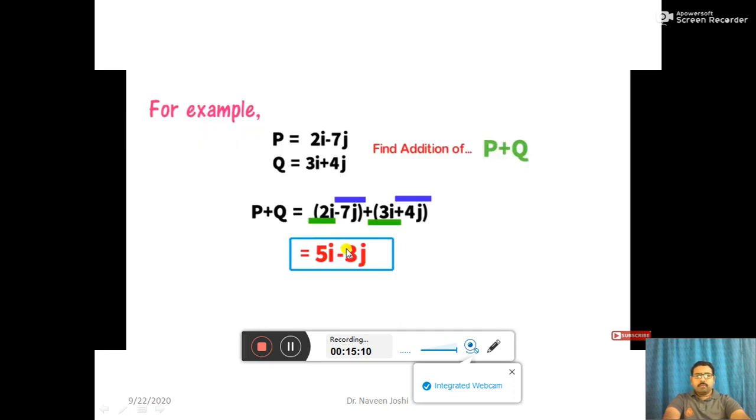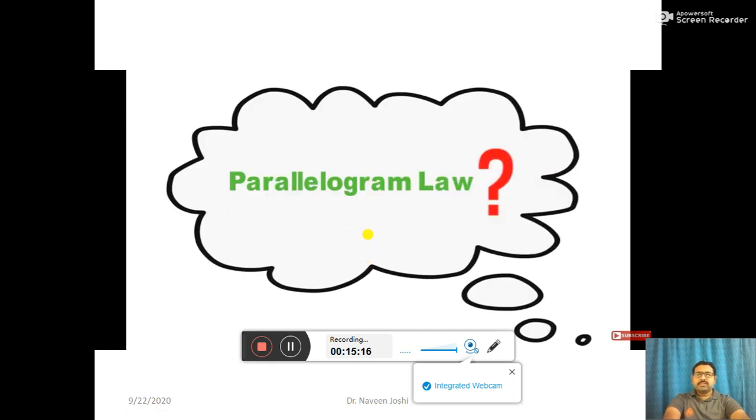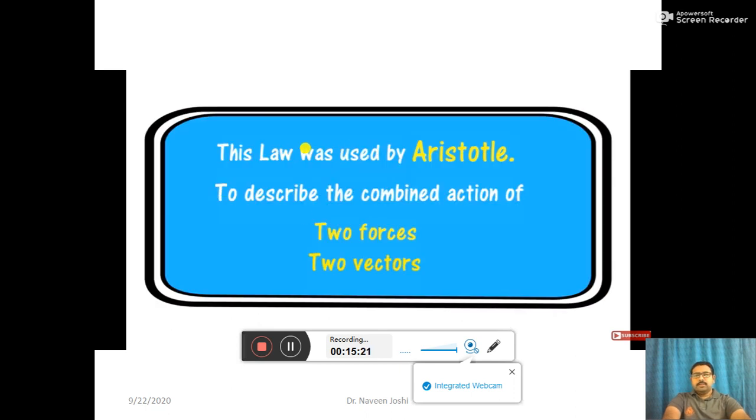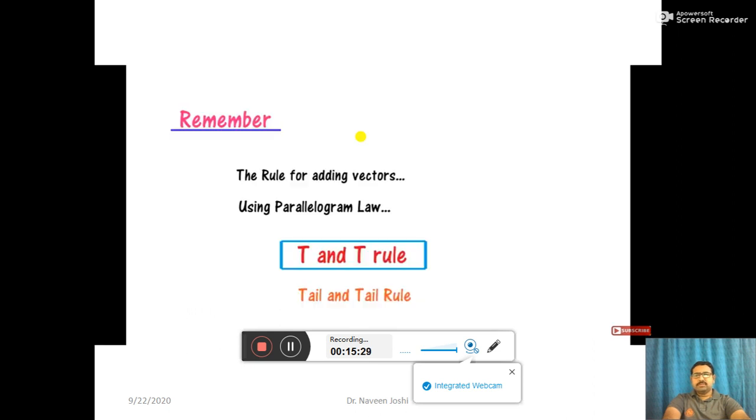Now, whatever we saw in previous slides is the triangle law of vector addition. Now let's see what the parallelogram law of vector addition tells. This law was used by Aristotle to describe the combined action of two vectors or two forces.